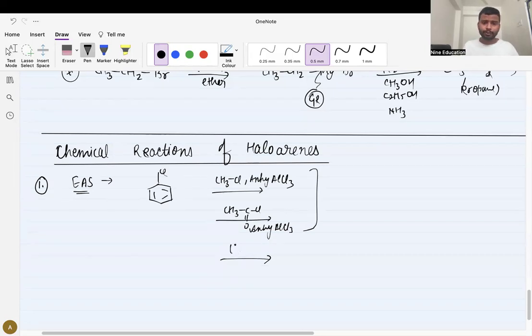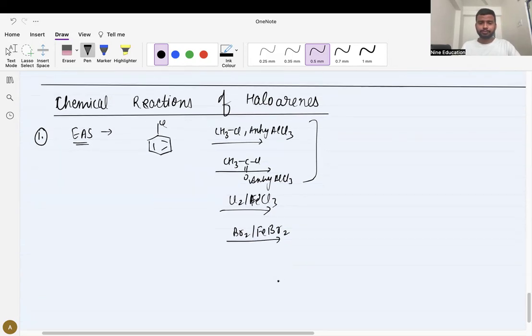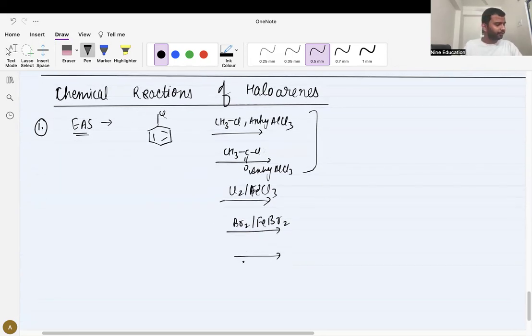See, if I want to do chlorination in FeCl3 or AlCl3, or if I want to do bromination in FeBr3, these two. If I want to do concentrated HNO3 plus concentrated H2SO4, these all were part of EAS.